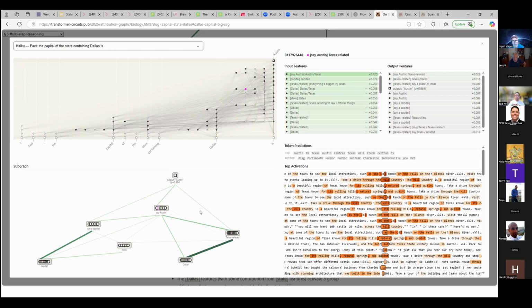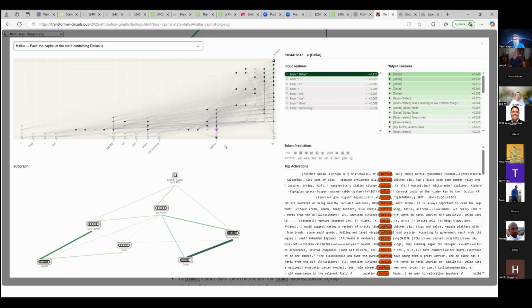Okay. So one of the things I was going to get to next, for which your question is the perfect segue, is: how do you know that if I click here, this one over here in layer 3 is a Dallas feature? Basically, they analyze our training data, let's say it's 100 million sentences, and ask which sentences had the largest activations, the largest values.